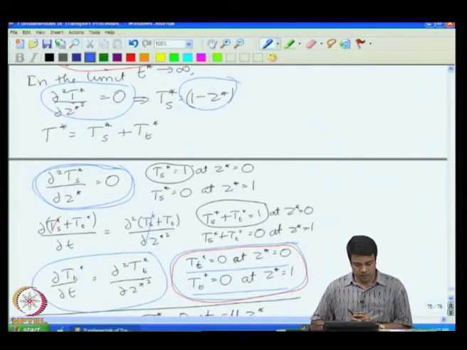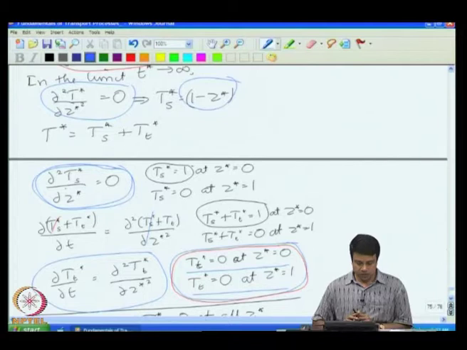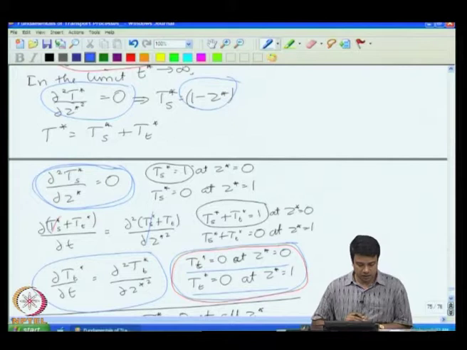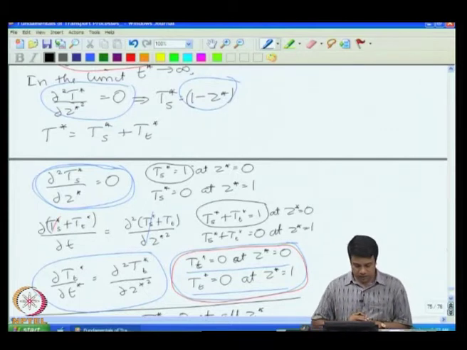The steady part also satisfies d square Ts by dz square is equal to 0. So, my differential equation for the transient part reduces to just a simple form, the exact same form that I had for the original temperature profile: dT transient by dt star is equal to d square T transient by dz star square.